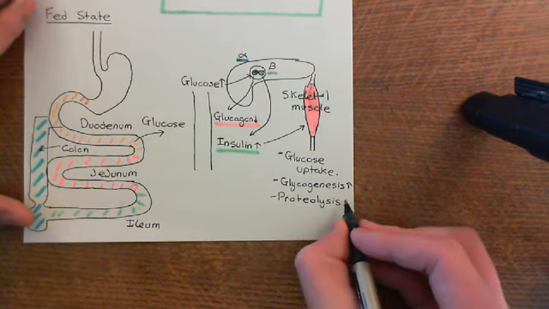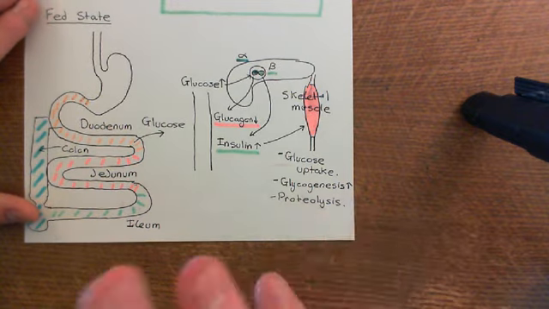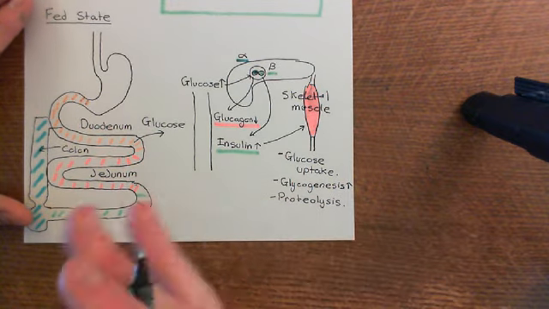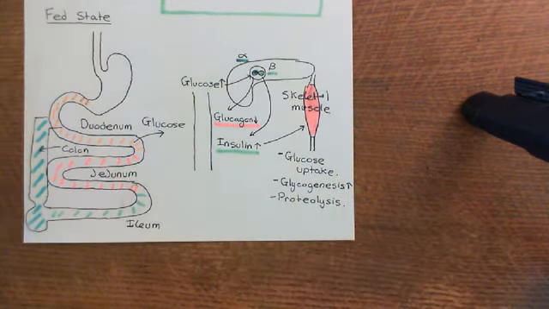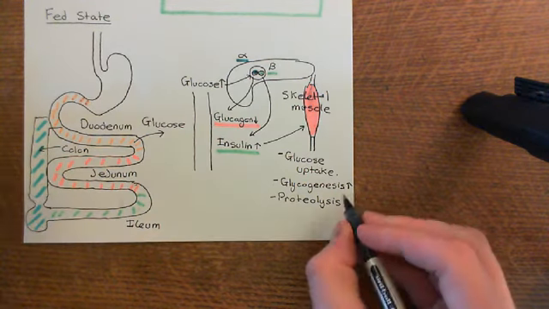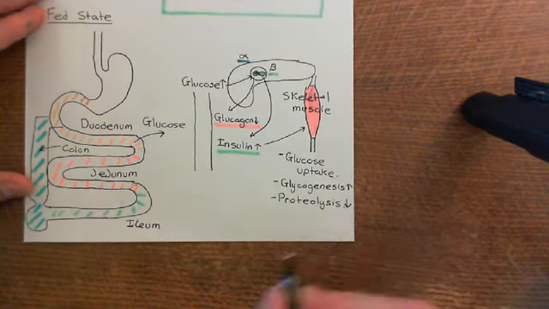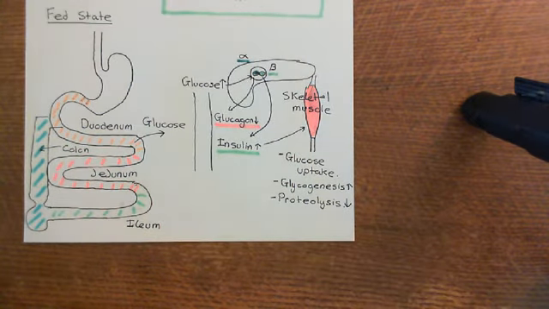When insulin is high, you have a full brake on proteolysis. You do not need it. You've got loads of glucose. Why on earth would you want to break down the proteins of the skeletal muscle cells so that you can send amino acids to the liver to make more glucose? No, of course not. So you completely stop proteolysis, basically. So proteolysis is going to go down.